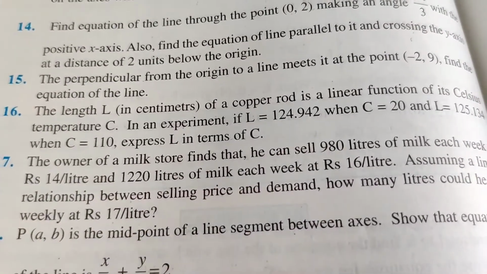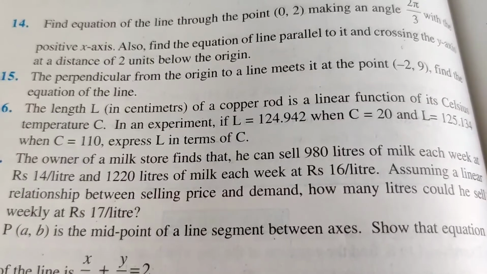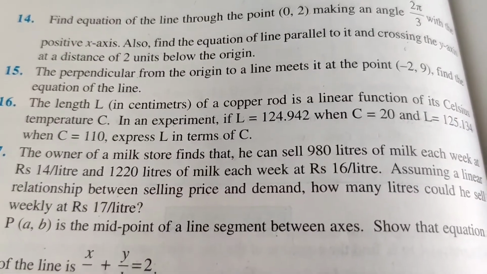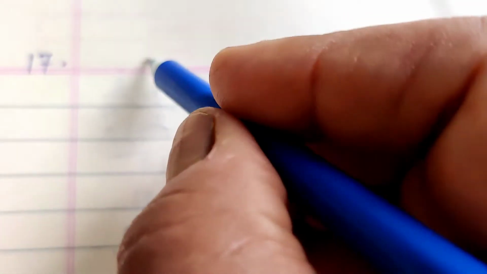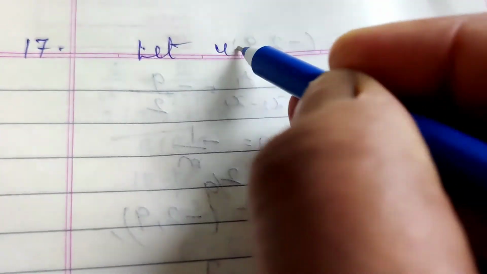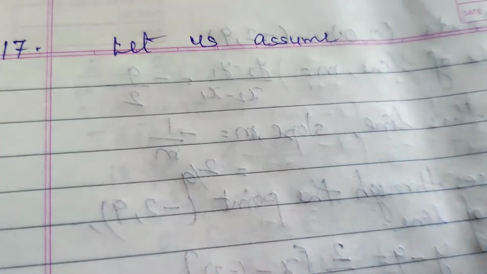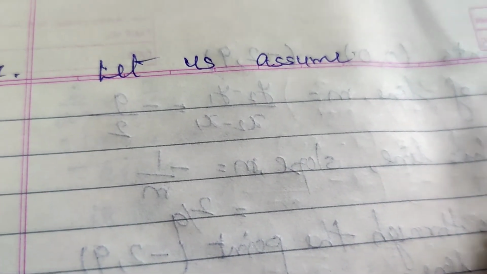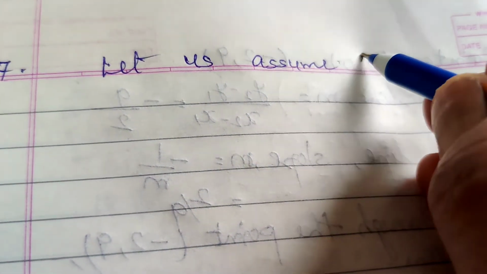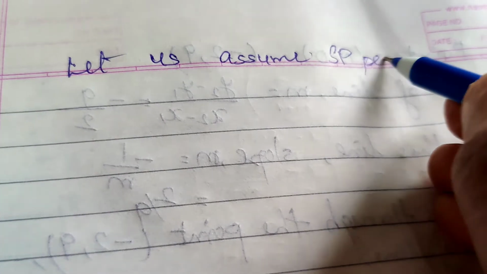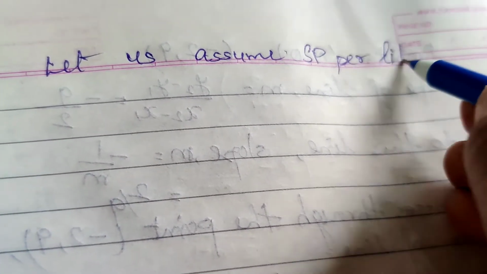Okay, first we make the equation, then find the value. Let us assume selling price per liter is on the x-axis.